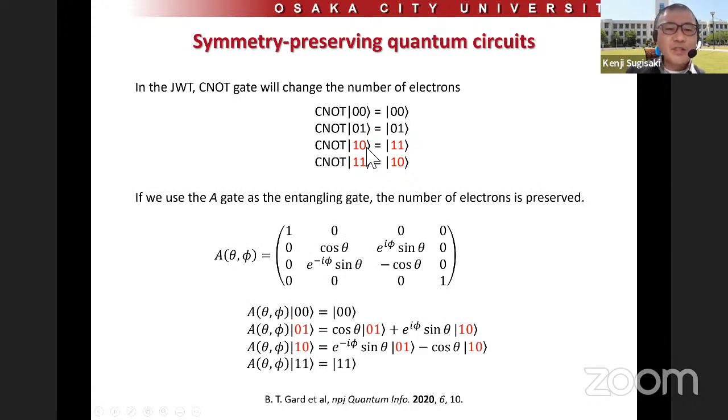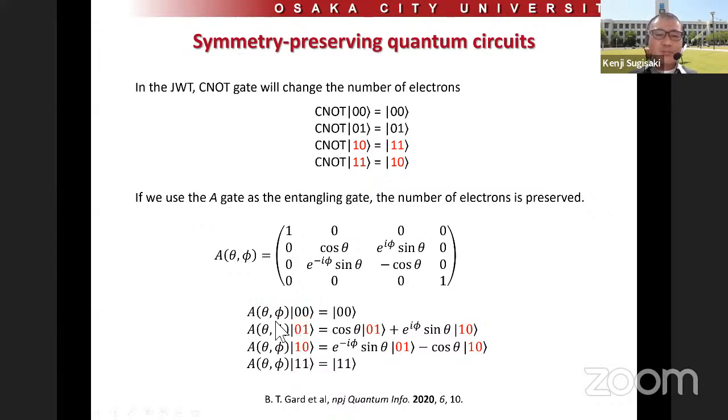But if we use the A gate defined as shown here as an entangling gate, the number of electrons is always preserved, because the action of the A operator can be calculated as shown here. It becomes the identity operator for the 00 state and 11 state.